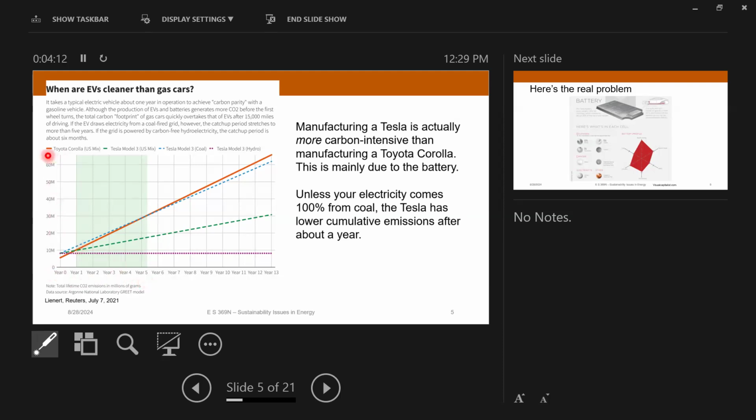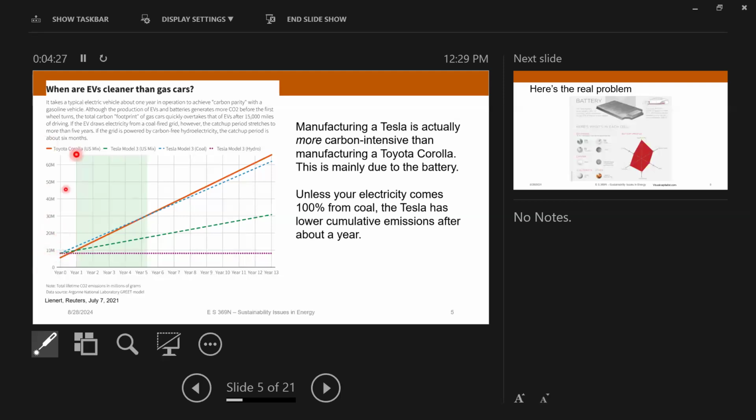So we're looking at metric tons over here. Okay, so let's see. Toyota Corolla, that is going to be our reference internal combustion vehicle.